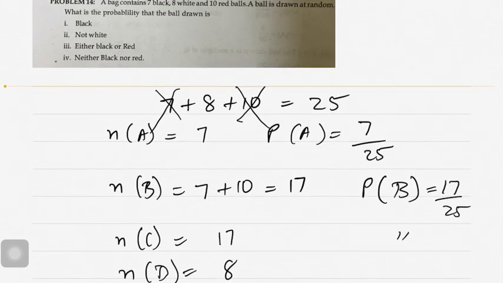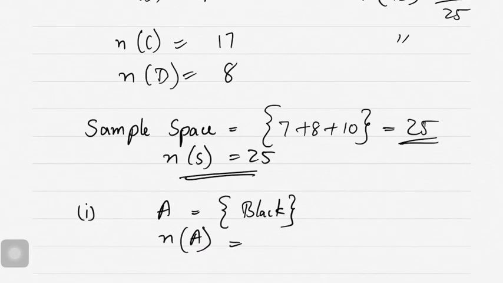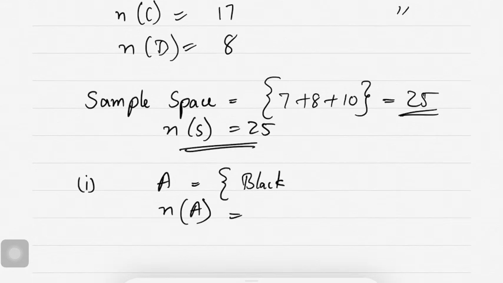Event A, that the ball drawn is black. So black ball is drawn.